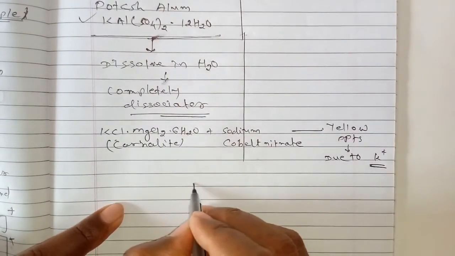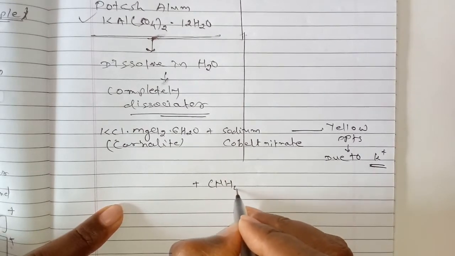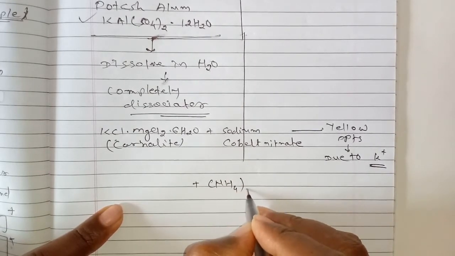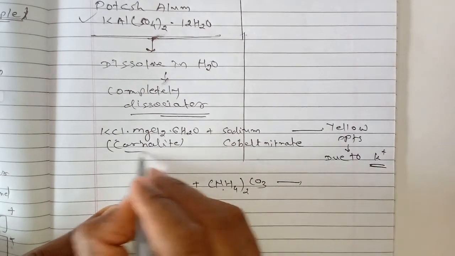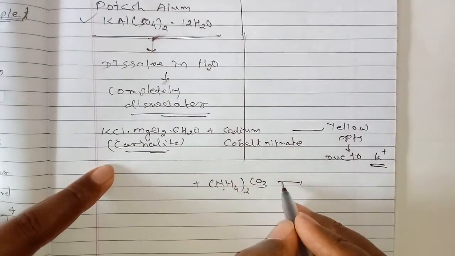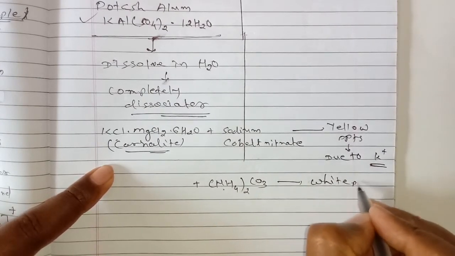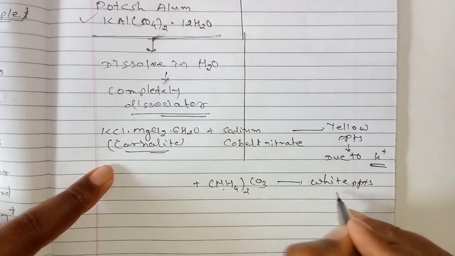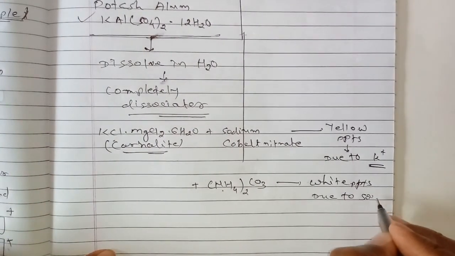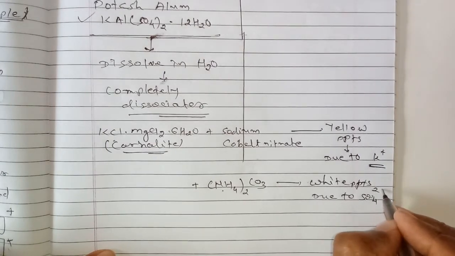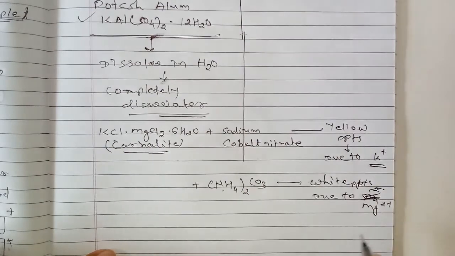When ammonium carbonate is added to the solution of carnallite, a white precipitate is obtained, due to the magnesium ion.